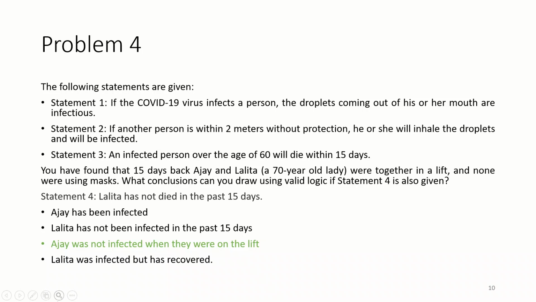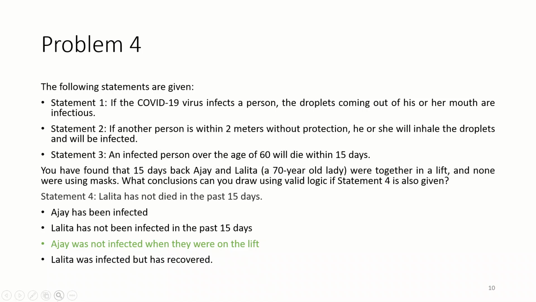So concluding from statements 3 and 4, "Lalita has not been infected in the past 15 days" can also be a probable answer. I think B and D are not the correct answers. Why? B and D are wrong because statement 3 goes against "she was infected but has recovered."